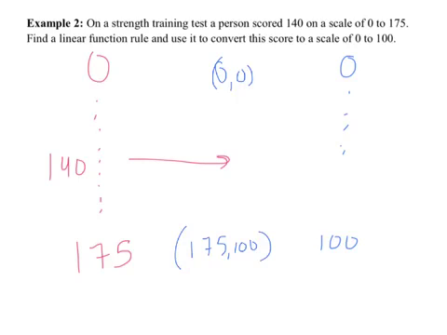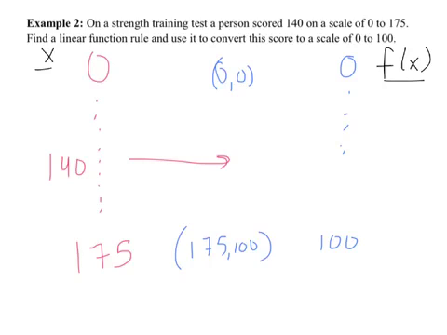And eventually we're going to come up with a rule. And now, once we come up with that rule, which is our linear function, we have to remember that we still need to plug in 140 into the function to see what we would get as a result in the 0 to 100 scale. So let's remind ourselves that we're going to use this later. But again, this is like our x, and this is like our f of x, or our y, either one.